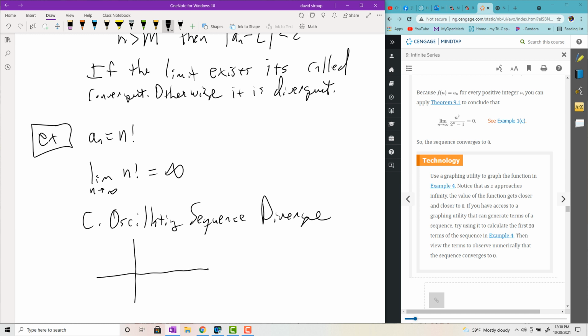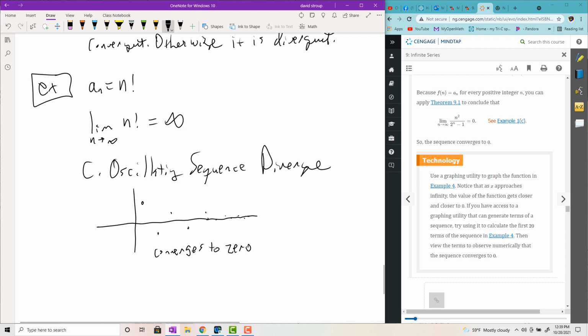Something can oscillate and converge. So if it's jumping back and forth about the x-axis, but then later on gets really close to the x-axis, it is converging, right? The sequence I just drew converges to 0, even though it looks like it's oscillating.